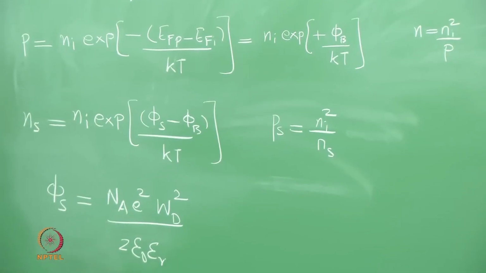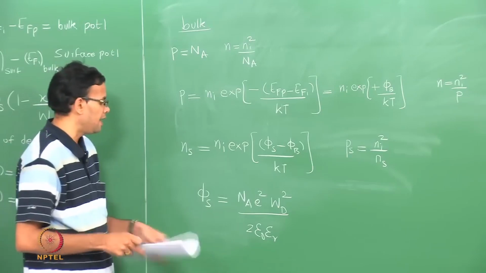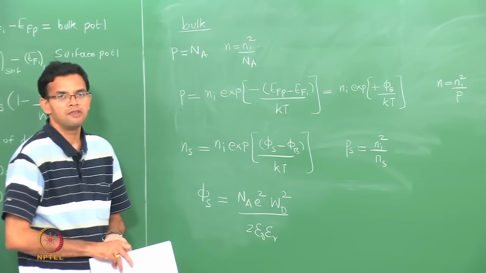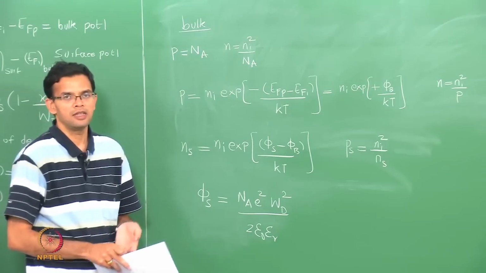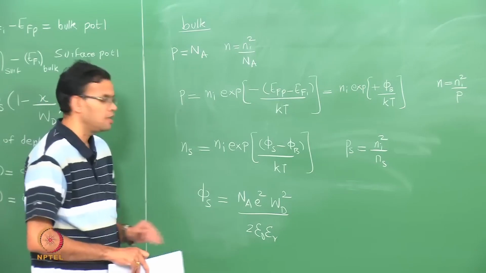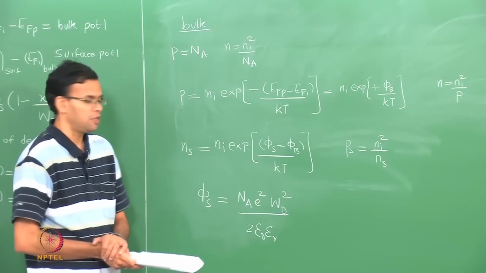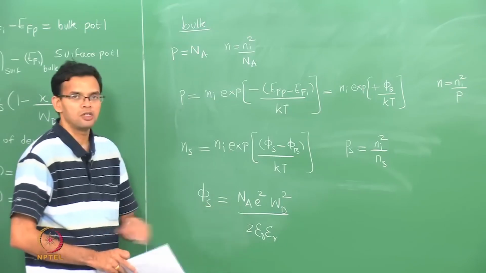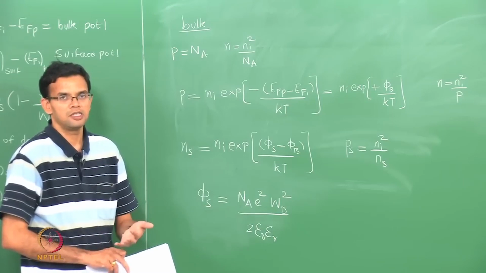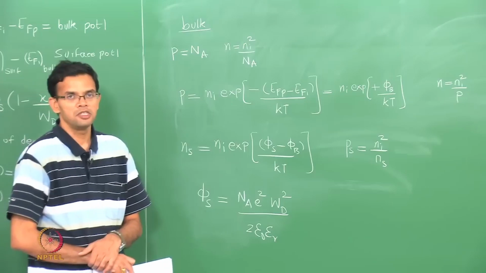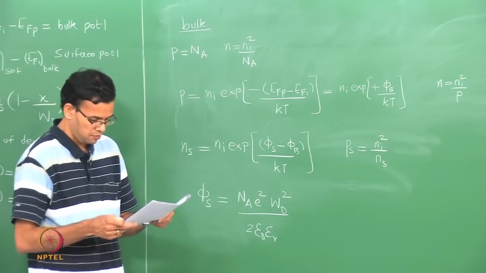So, this we can get by assuming a certain distribution of electric charge within the depletion region, and thus calculating the electric field and linking that to the potential. So, we have done a calculation for this when we looked at the p-n junction. So, the argument here is also similar. So, we can relate phi s, which is your surface potential, to Na, which is the concentration of acceptors within your p type semiconductor, and also Wd, which is the width of the depletion region.